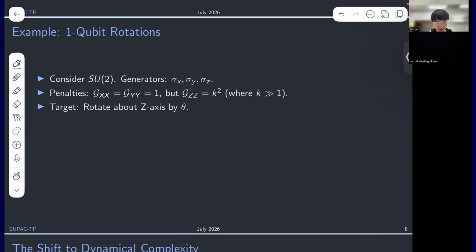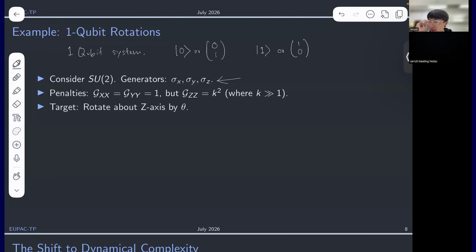Okay, where's my example? Right. So we have a 1 qubit system. Our qubit system is spanned by either |0>, |1>, or if you prefer, say |+>, |->. Our system is spanned by these two, and the generators are these Pauli matrices, right?